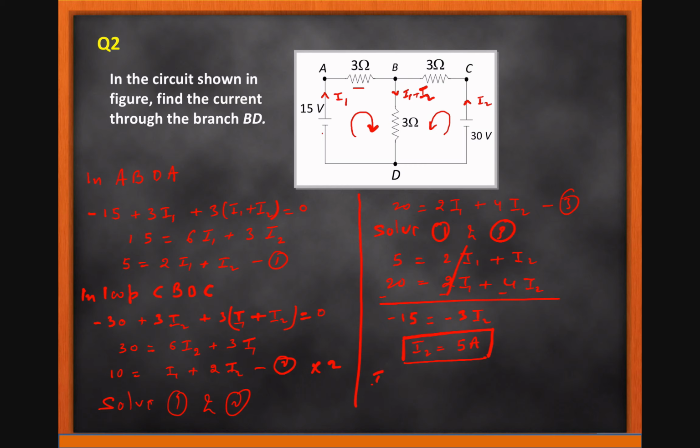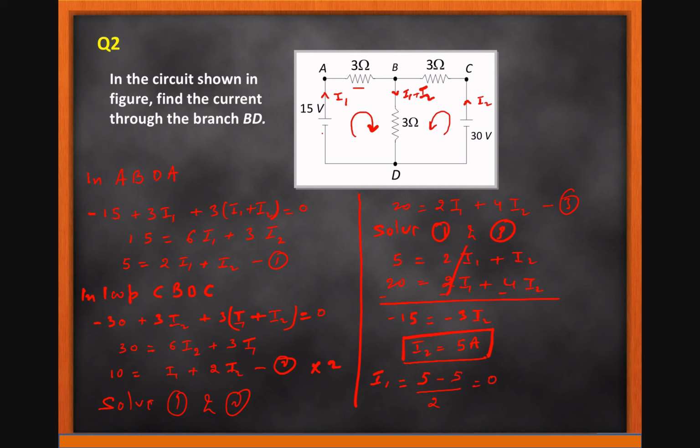What is I1? I1 is, from equation 1, 5 minus 5 by 2 is equal to 0.